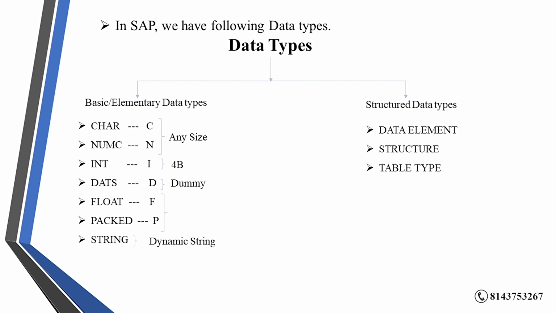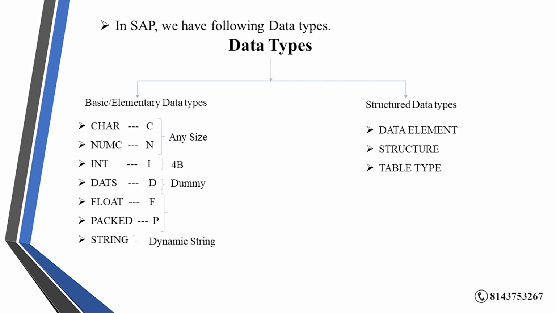Character, which we call using the keyword C. Numeric, N. Integer, I. Date, D. Float, that means a value with a decimal point like 10.5 or 10.35. Packed data type, which is also a floating type but holds a large amount of floating value.